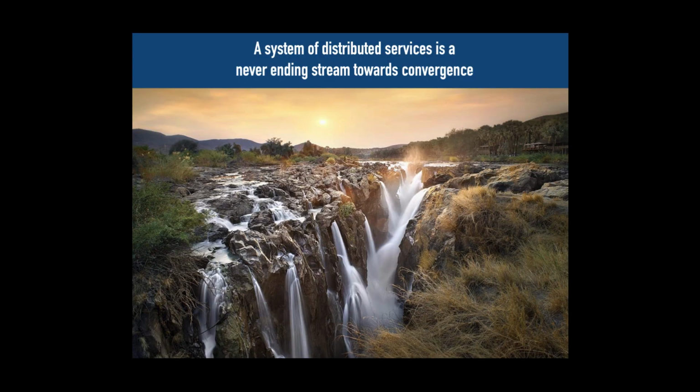One way that I view these types of systems in general is as a never-ending stream towards convergence. We're always in the process of convergence, but we never ever reach the state of full convergence.